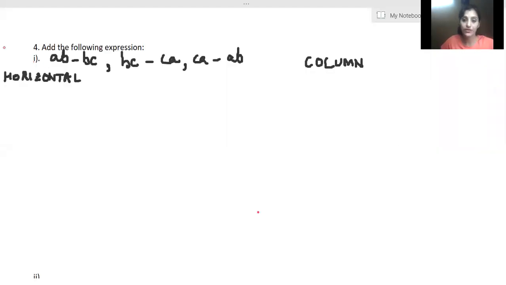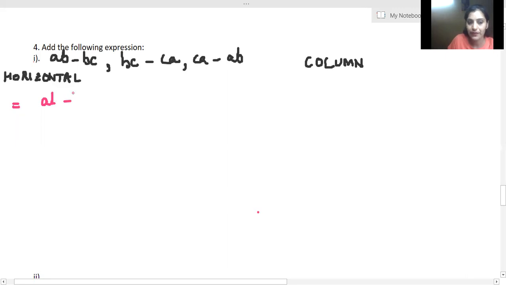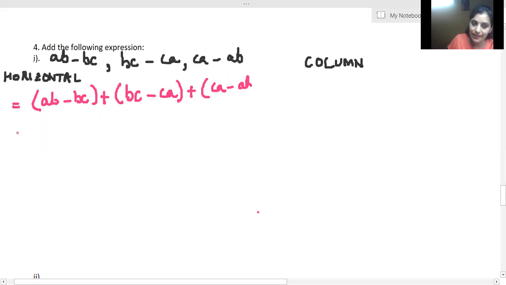So yes, in the horizontal method, as you are quite familiar, when you are going to remove the commas, you have to put brackets. So the first step will be AB minus BC. We will put a bracket and plus BC minus CA plus CA minus AB, right? Now the second step will be opening up of the brackets. As it is only addition, there will be no sign change.